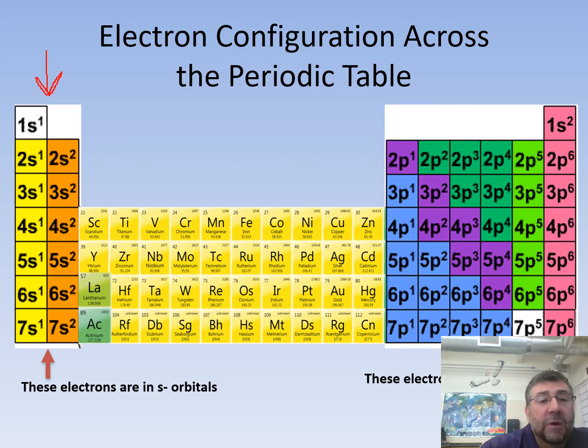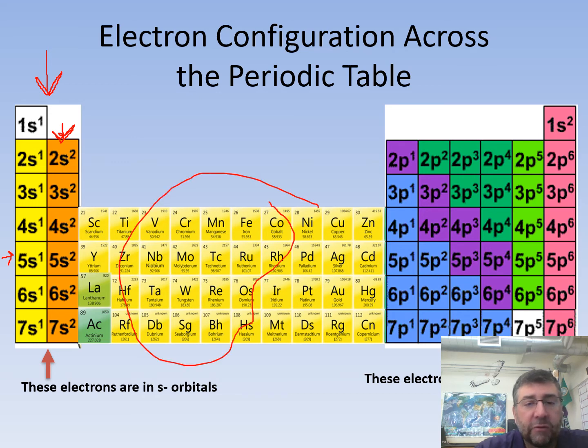So you can see that anybody in this first row is going to have 1 electron in its outermost s, and how many s's there are is simply how many rows down it is. So this element here would be the 5s orbital, and there'd be 1 electron in it. If you're in this column, the second column, there's going to be 2 electrons in that outermost s orbital.